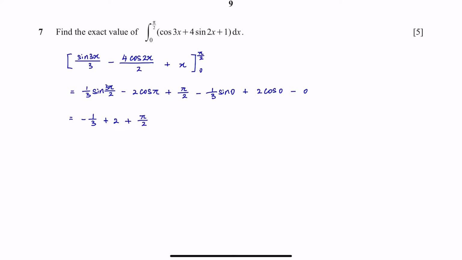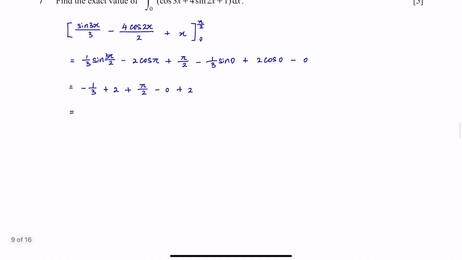Negative 1 over 3 sine 0 would give us 0. And 2 cos 0 would give us 2. So simplifying this, we would get 11 over 3 plus pi over 2.